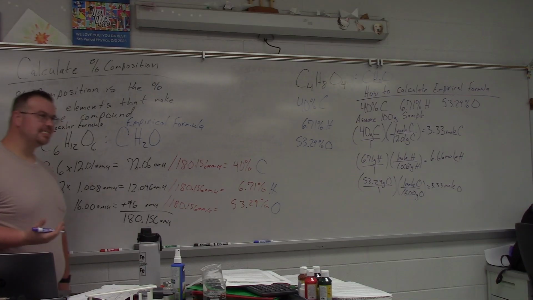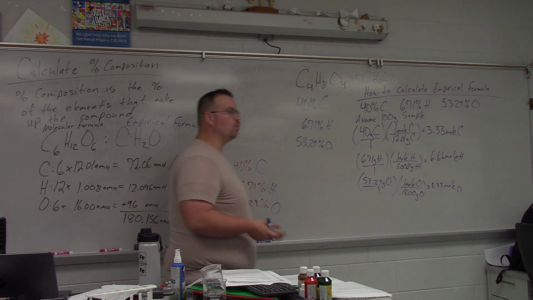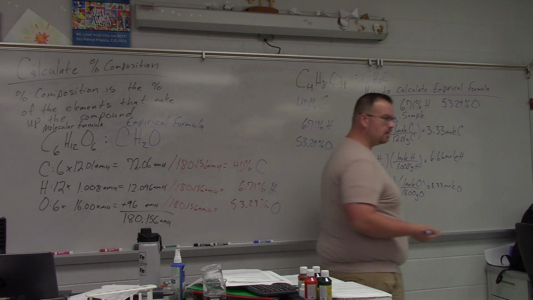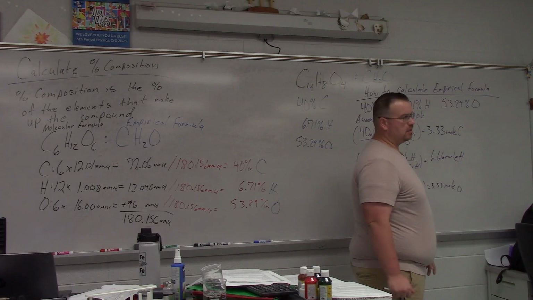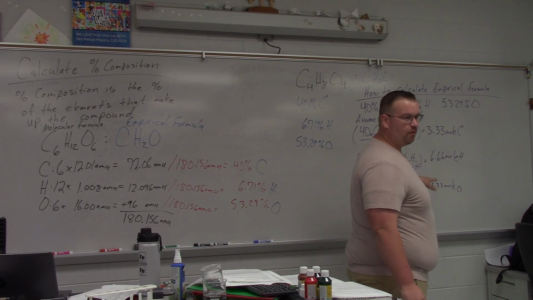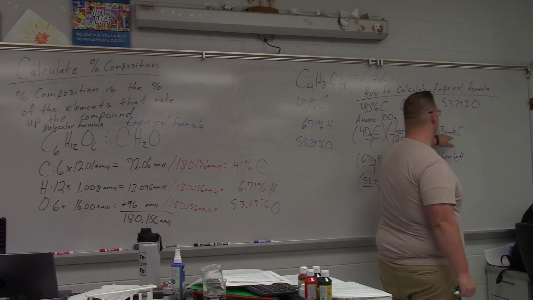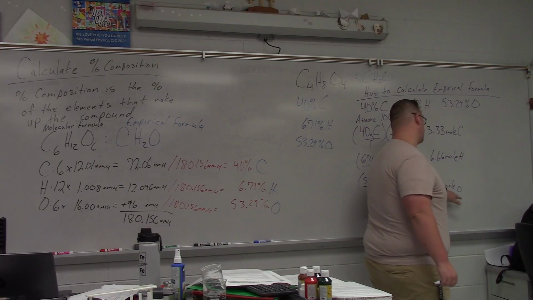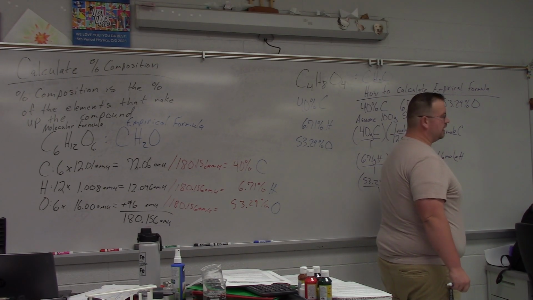The reason you did this is we're now going to find a ratio between them. Once you get to this point, you choose the lowest number of moles and you divide all of them by that. You're going to find the coefficient here. So in this case, I got 3.33 moles of carbon and 3.33 moles of oxygen. These are the smallest and it's the lowest number.